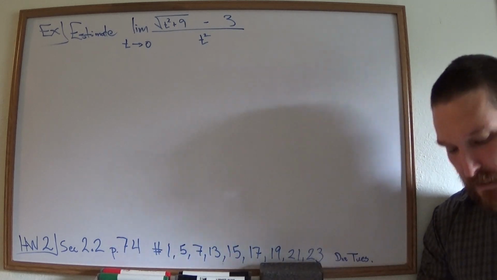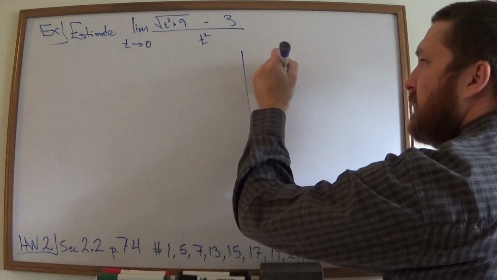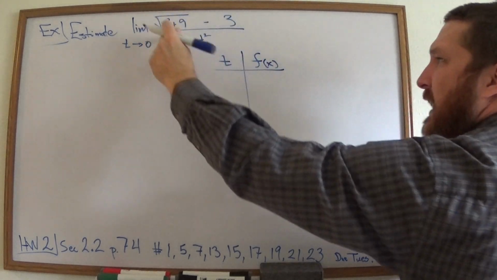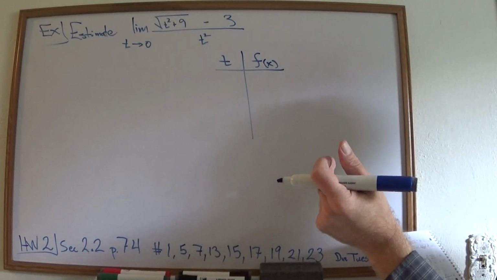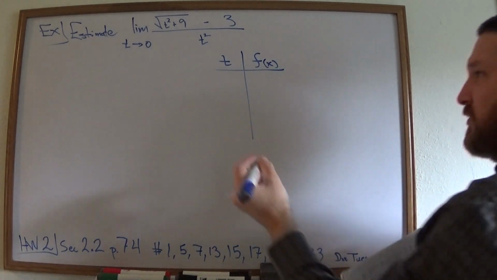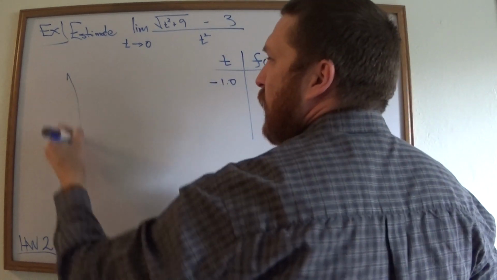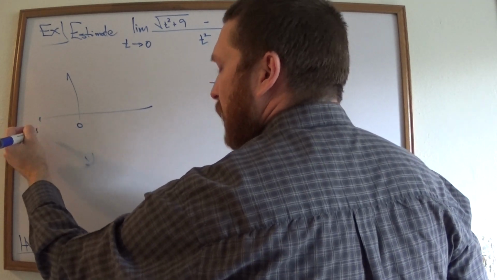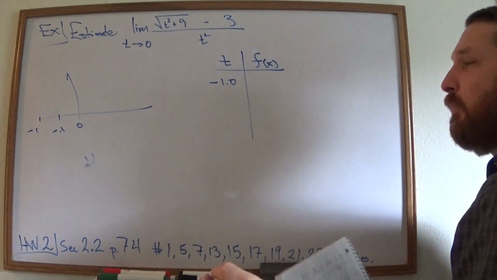Because let's actually plug in some values. I'm going to make a table with t, and here's f. I'm just going to call it f. You know what it is, it's this entire thing. And I'm going to go from the left-hand side. Because we're going towards 0, I'm going to start with negative 1, and then go negative 0.1, and negative 0.01.